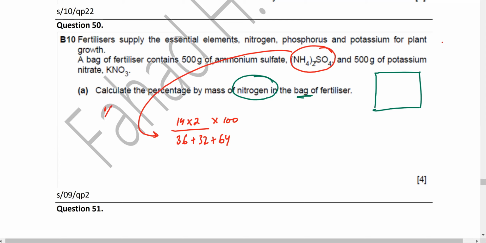Percentage of nitrogen. Calculate this and tell me what is the answer that you're getting. 21.2. So it's basically 21.2%. So that means that this 500 grams of ammonium sulfate has what percentage of nitrogen? 21.2%.